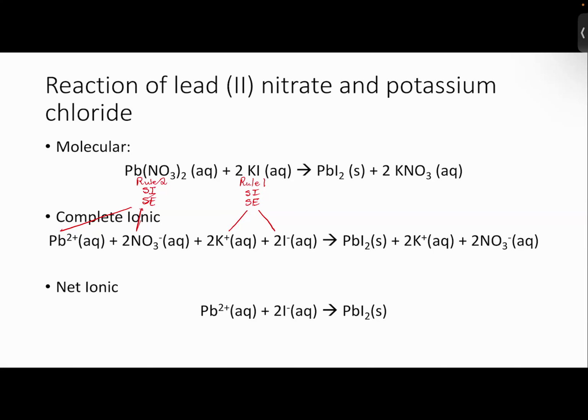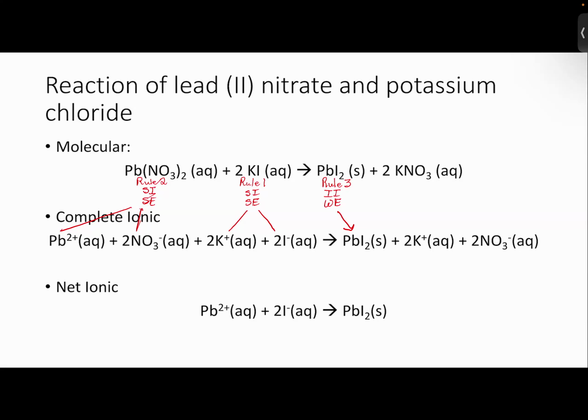So you have 2 potassiums and 2 iodides. Because of rule number 3, lead(II) iodide is an insoluble ionic compound, meaning it is a weak electrolyte. We don't dissociate weak electrolytes, and so it was pulled down as is into the complete ionic equation.